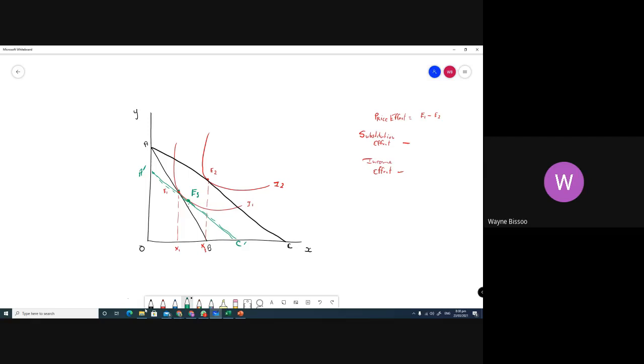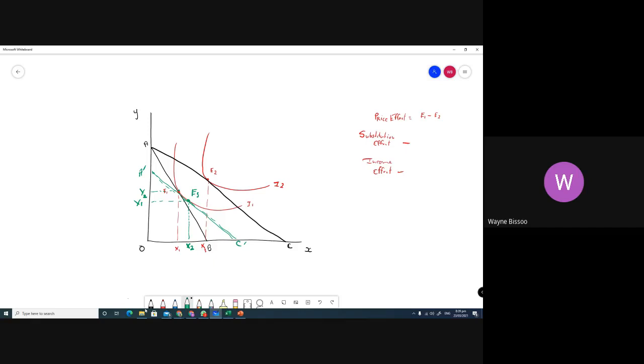We're going to attempt to buy, this is X2, but look at what happens with Y. Initially, what we did here is that we were at Y1, then we decided to give up some of Y to buy more of X. So let me call this Y2 up here and call this Y1 here.